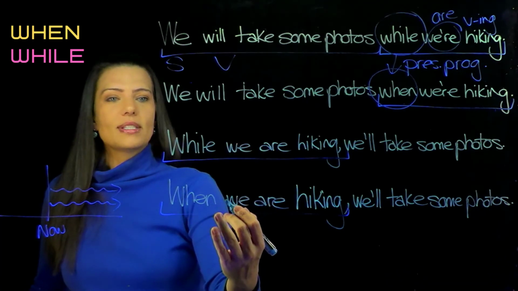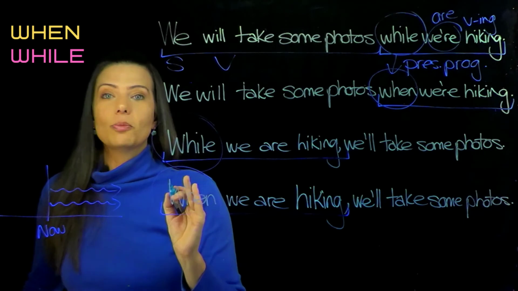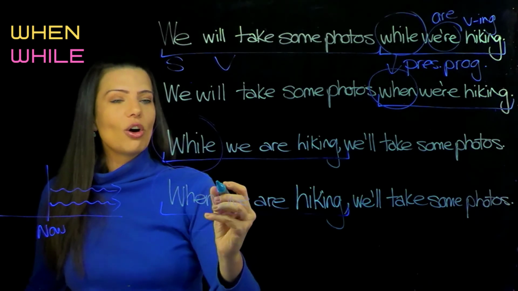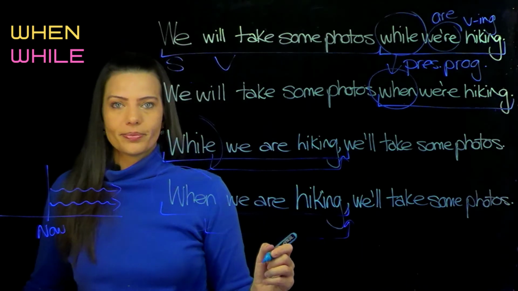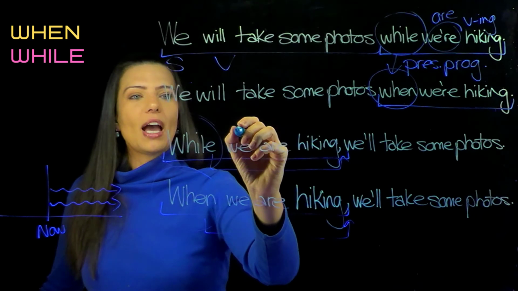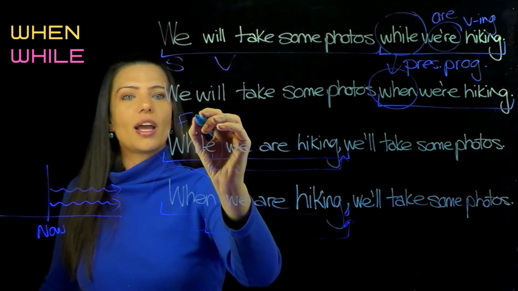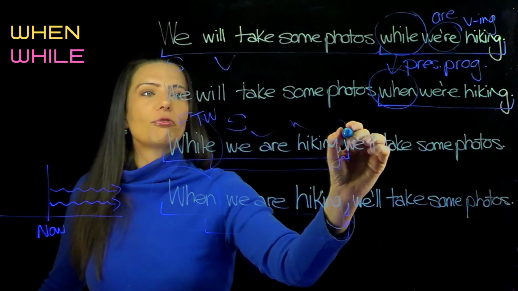In the last two examples, here we see the future time word written at the beginning of the sentence. So we know after the first clause, we're going to have the comma. So in this case here, while we are hiking, here we have the future time word, the subject, and the verb.